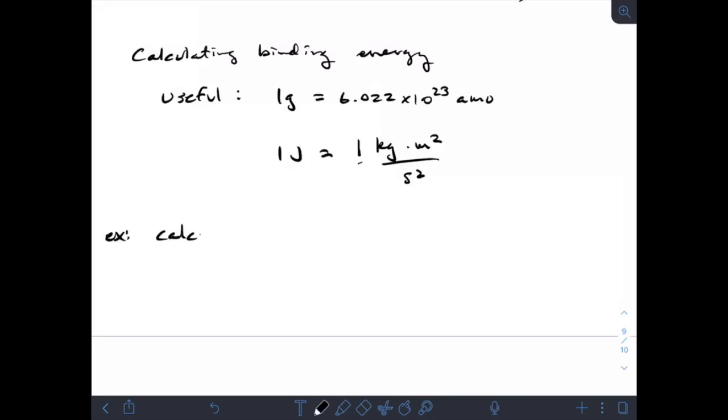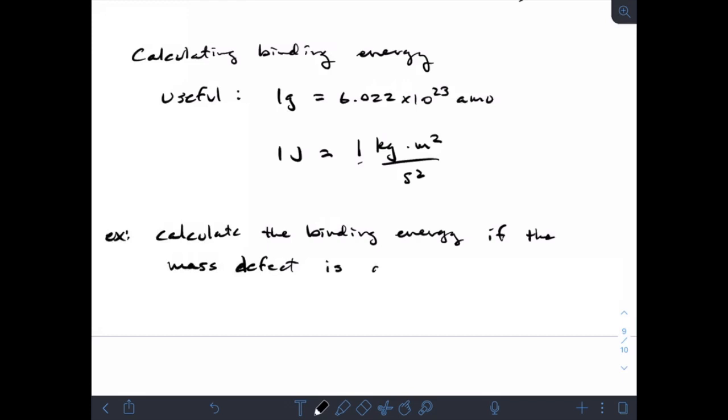Example. Let's calculate the binding energy if we are given a mass defect of 0.03038 AMU.